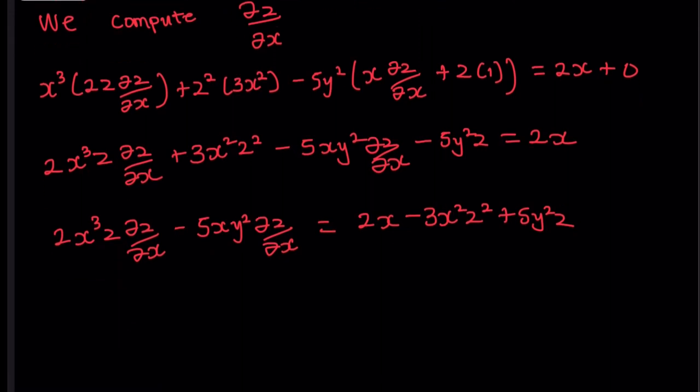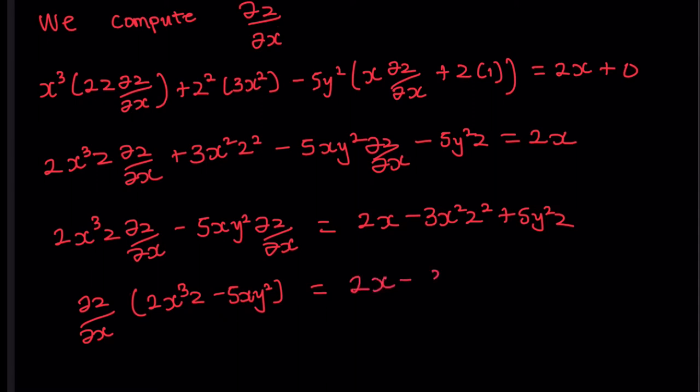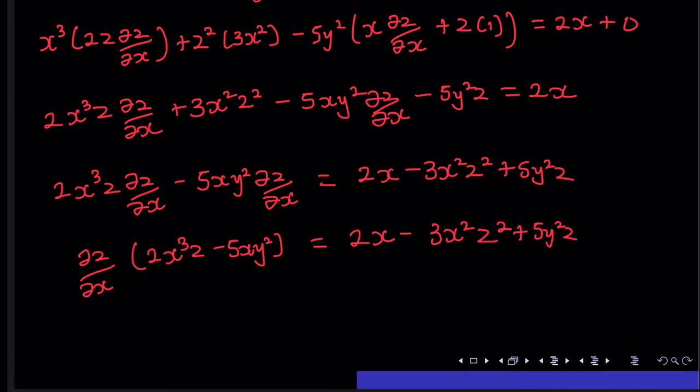So we can now factorize the del z del x from the left hand side. That will give us del z del x into brackets 2x cubed z minus 5xy squared is equal to 2x minus 3x squared z squared plus 5y squared z. To find del z del x, we just have to divide by the coefficients of del z del x.